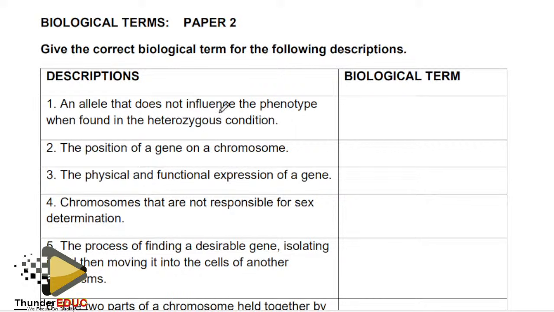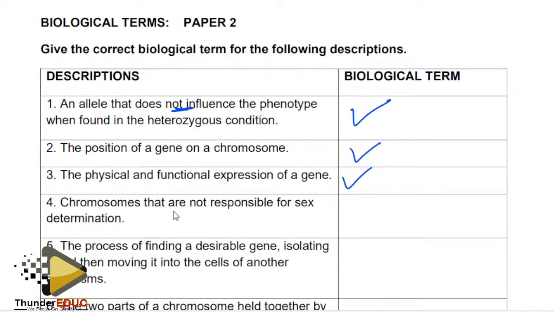The allele that does not influence the phenotype when found in heterozygous state. This allele does not influence, so it means that it is a recessive allele. The position of a gene on a chromosome, we call it a locus. The physical and the functional expression of a gene, we call it phenotype.